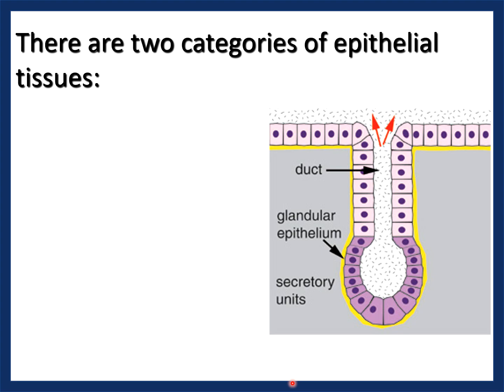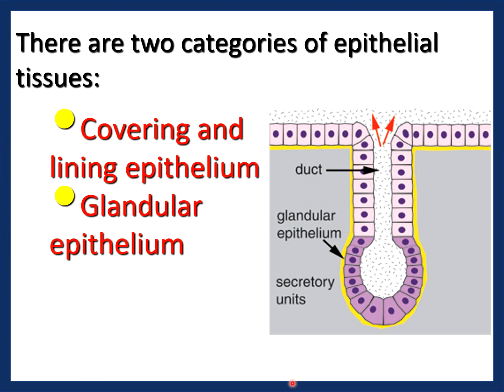So when it comes to our epithelial tissue, we have two categories. There is the covering and lining epithelium, and then we have glandular epithelium. So these cells are going to change as they go into what's called the secretory units, right? These are deep within the gland, and these are the guys that are actively secreting the hormone or the sweat or whatever substance it is that they're made to secrete.